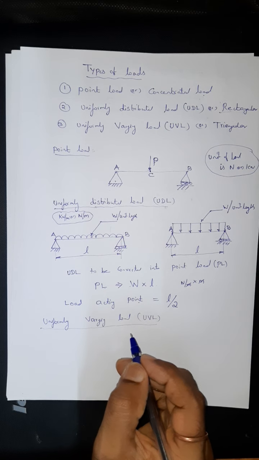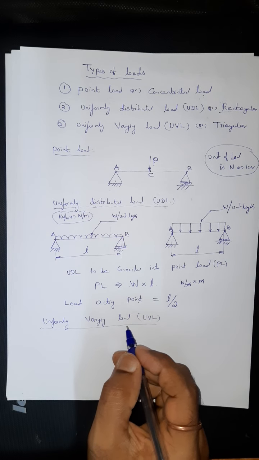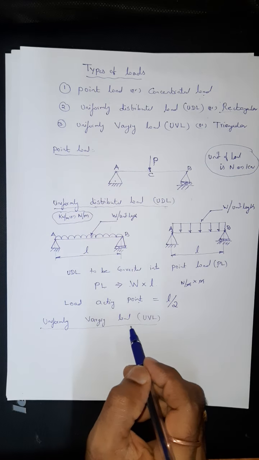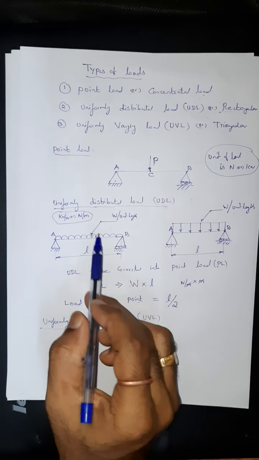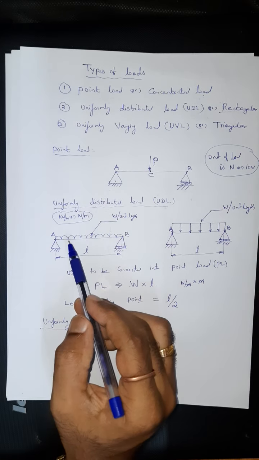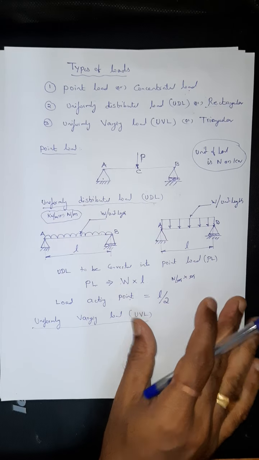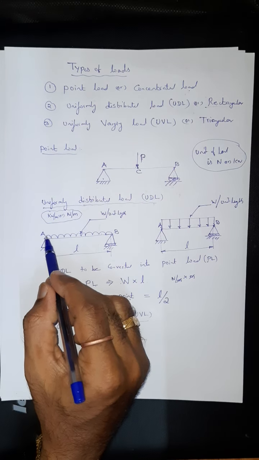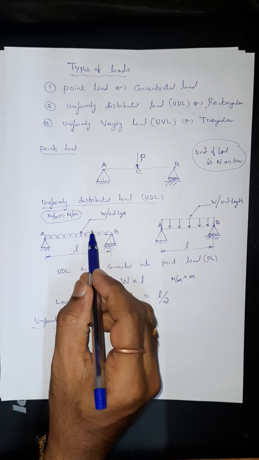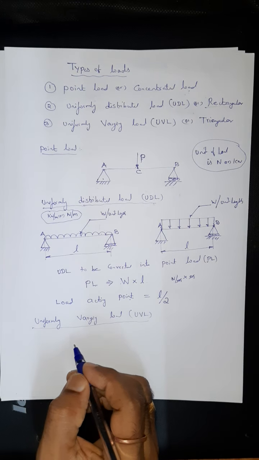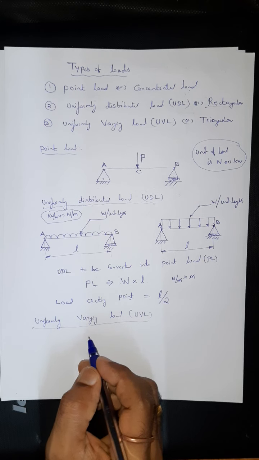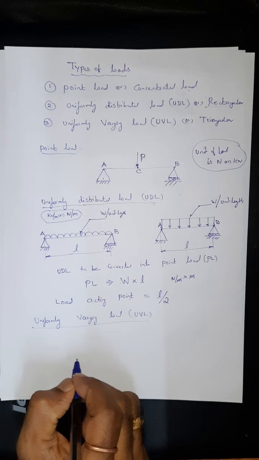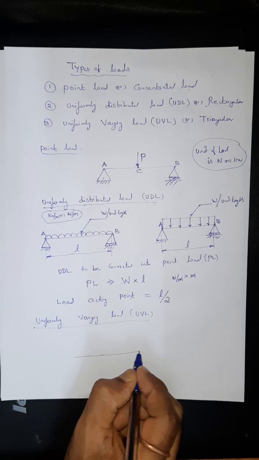The difference between uniformly varying load and uniformly distributed load is that in the uniformly distributed load, the load intensity is constant throughout the beam. Whether here or here, the load intensity will be constant. When it comes to uniformly varying load, it would be slightly different from this one.